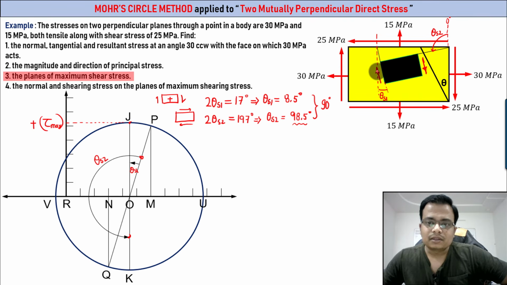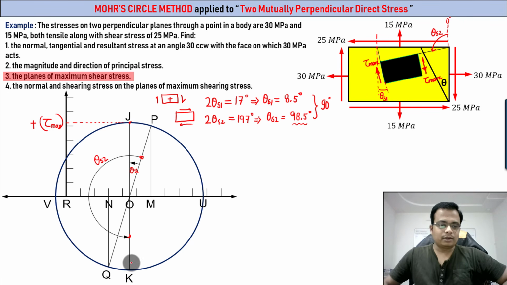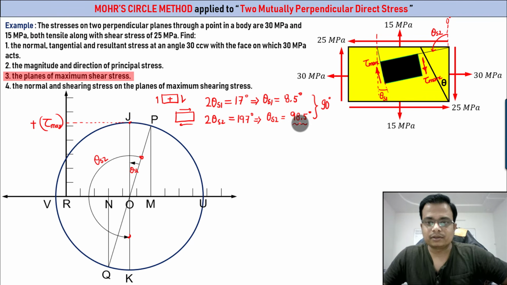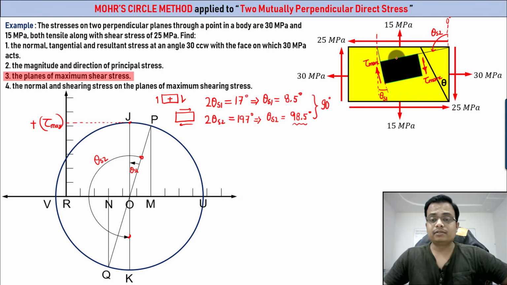That's tau max. When you talk about this, this is negative value of tau, and this corresponds to OS2, 98.5. This plane. If it is negative, then it has to be anti-clockwise. That means it is going to be in this direction, this way. So one is active, the other one is complementary.